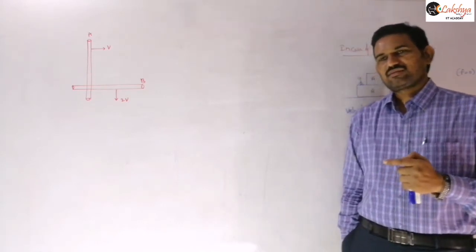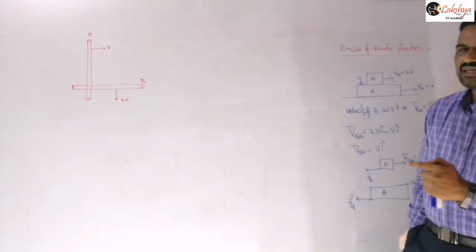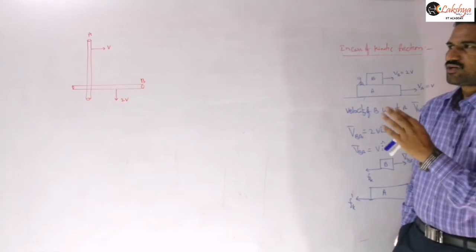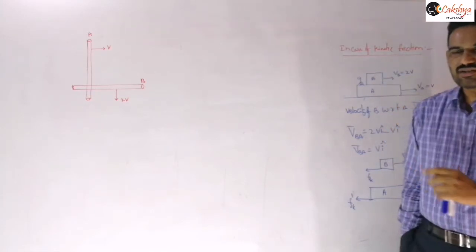Rod A is moving on B as shown. That means what I am considering is A is above the B I am taking there.